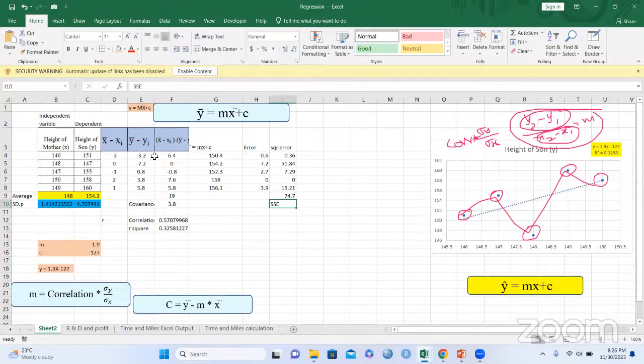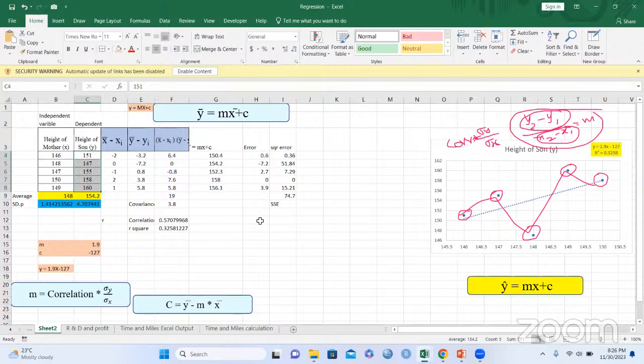In ANOVA, you are trying to analyze variances of two or more different sets. So here there are different sets of numbers: the first set of numbers, the second set of numbers. You're trying to see what the variance is in this and this. ANOVA is usually used for more than two things: three variables, four categories, five groups. So five groups of variance will be done.